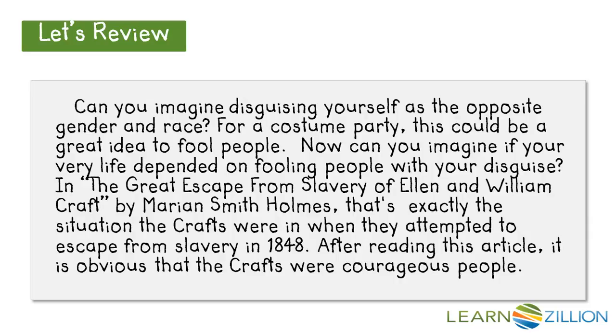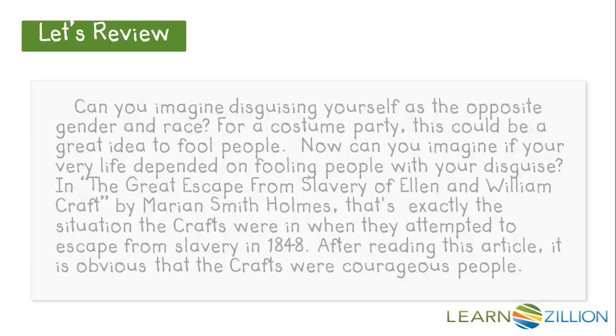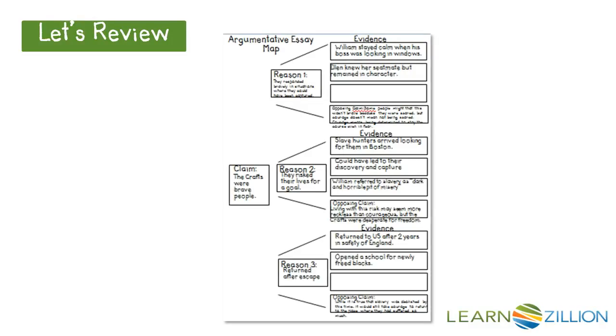Our planning map will guide us through the rest of the essay. We have all the information we want to include, and now we'll just have to craft sentences and paragraphs together to create our complete essay. Each of our 3 reasons will become the topic sentence of the 3 body paragraphs.